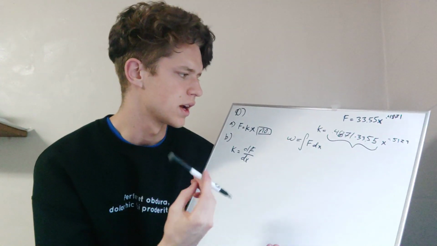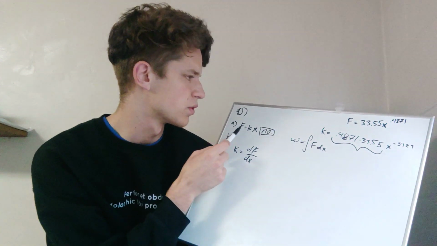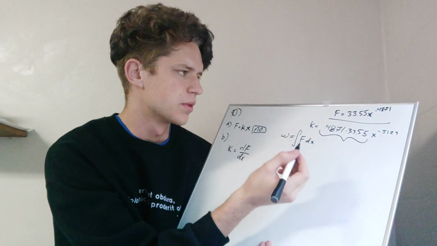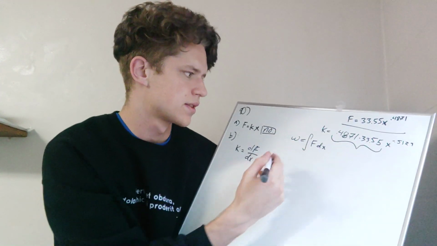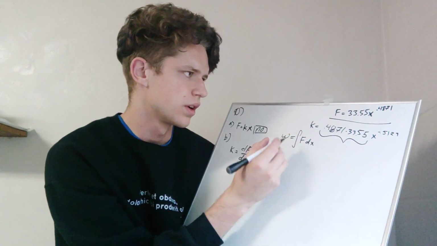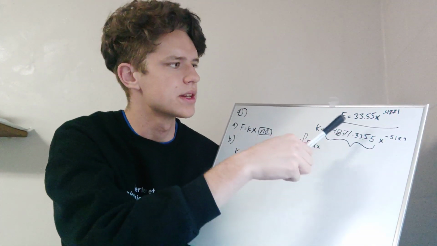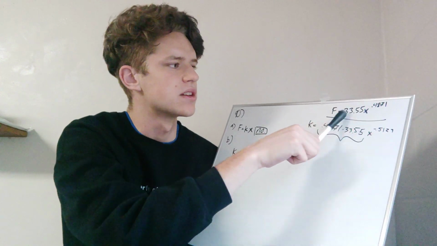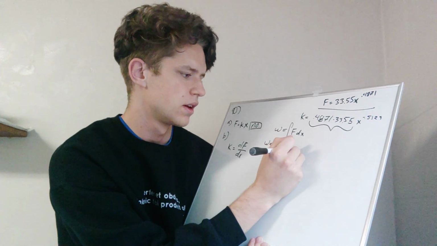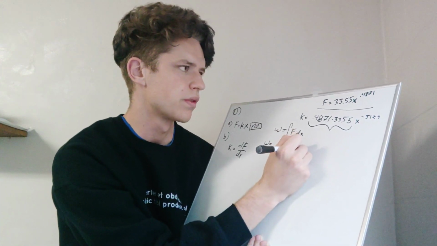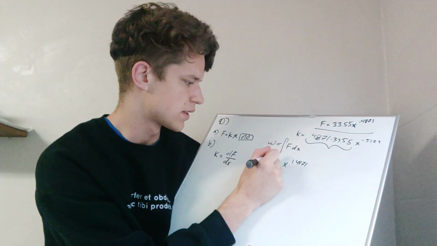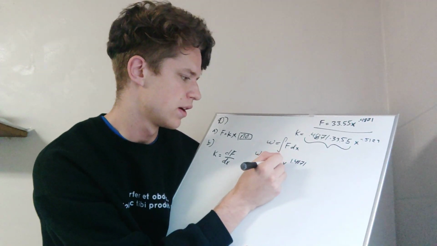So basically we take our force equation, which is up here, and we take the integral with regards to x. So the way to do this is you add 1 to this exponent and divide by whatever this ends up being. So this is going to be x to the 1.4871. Adding 1 is a lot easier than subtracting 1, and then this is going to be 33.55 because that stays the same.